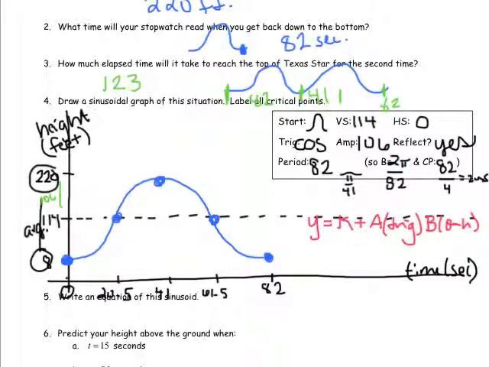So we have all of this information right here. So that's y equals 114. We did reflect with an amplitude of 106 in this cosine graph, whose B value is pi over 41 times x for radians, minus 0, plus 0, or you don't even have to write 0.